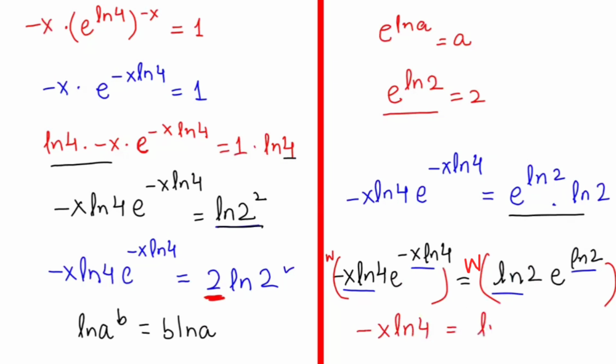So now this will be turned to -x ln of 4 is equal to ln of 2. In the next step, I'm going to change this 4 in the form of power. -x ln 2 to the power of 2 is equal to ln of 2. Now here I will use the logarithm rule, that is ln of a to the power of b is equal to b ln of a.